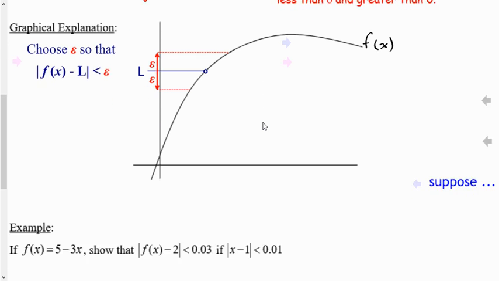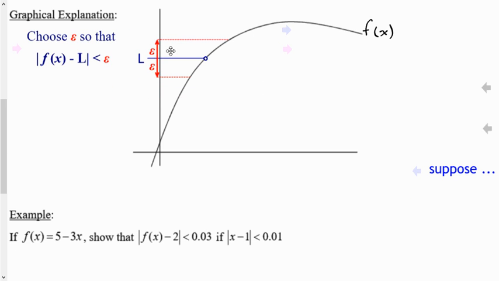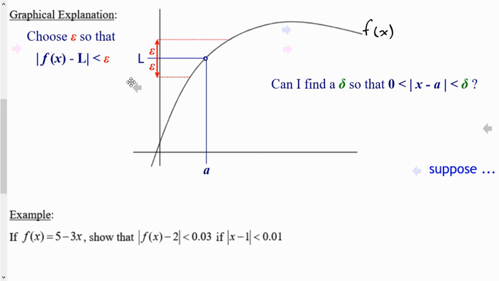We have our epsilon. We want to be able to find our delta. So that's the next question. Can I find a delta so that the distance that x is away from this a value is less than delta? Well, here's what we're looking at this time.